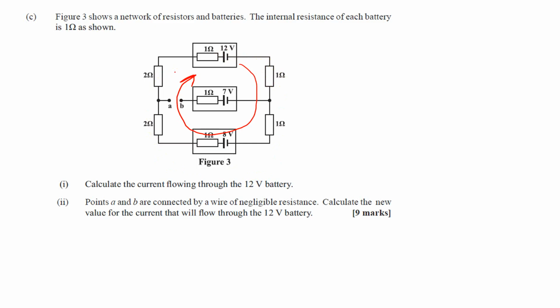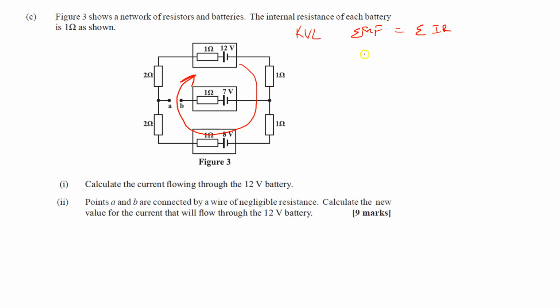So it makes life a little bit easier for us. We could start off with Kirchhoff's voltage law, which says the sum of the EMF is equal to the sum of the potential drop across each of these resistors. As I said before, the current is going to be constant because of the series circuit.